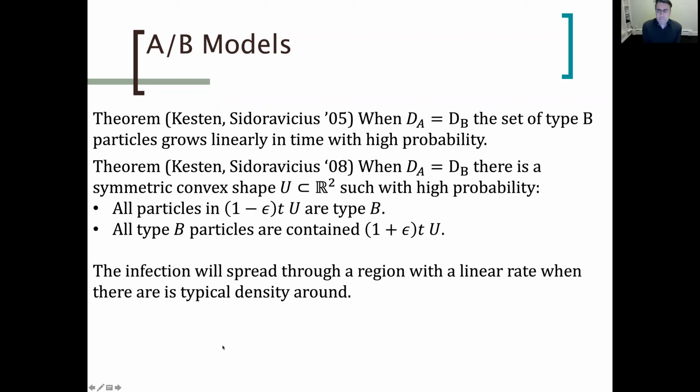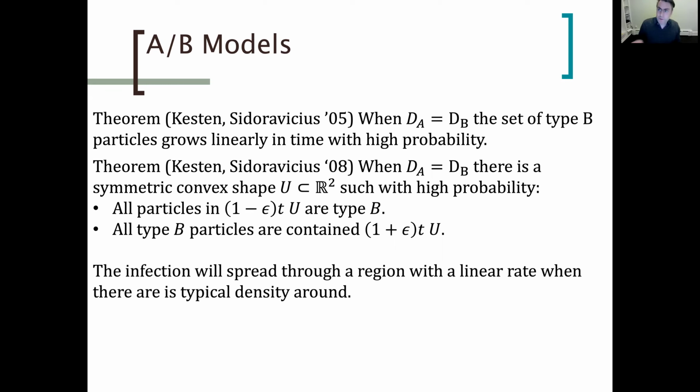So why should we have some linear growth rate? Well, if we think about the front of the infection, the boundary between the infected region and the uninfected region, if there's a reasonable number of particles there, then soon there'll be a reasonable number of infected ones.